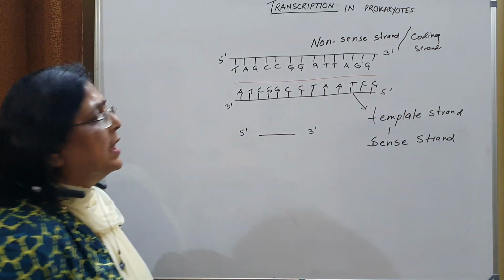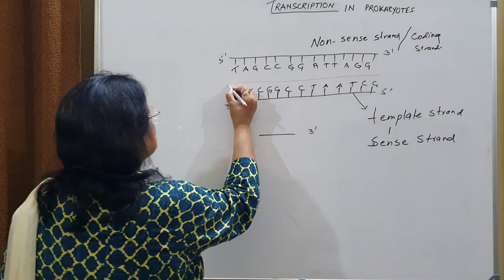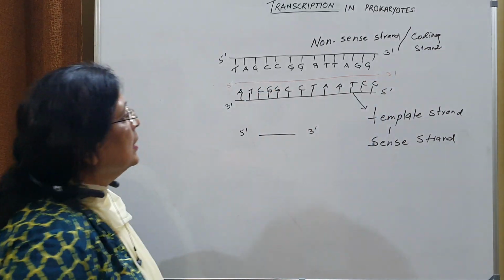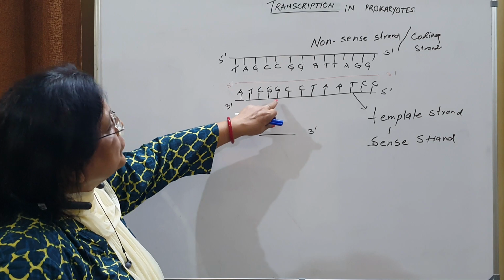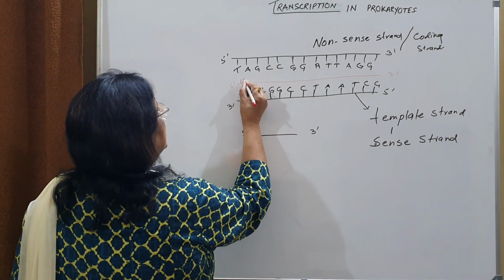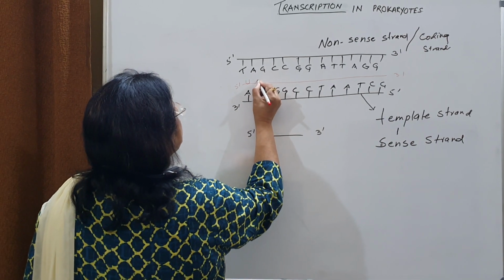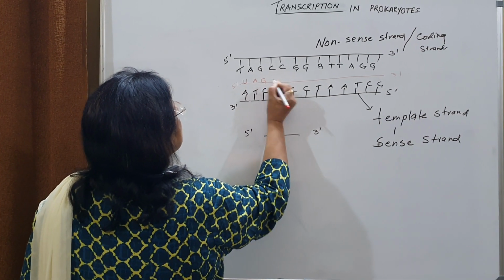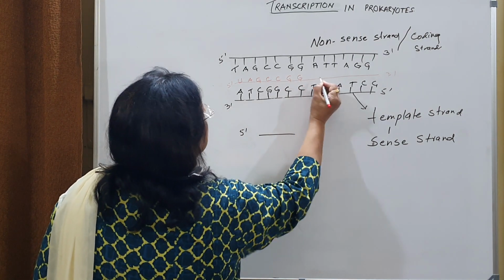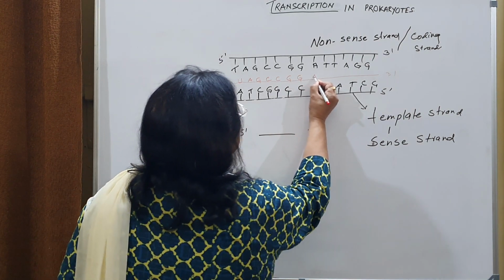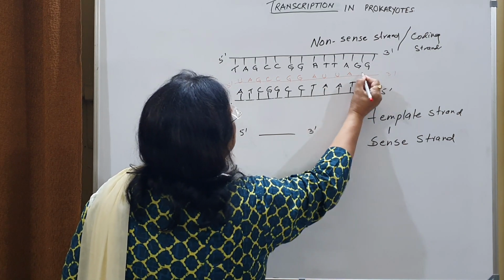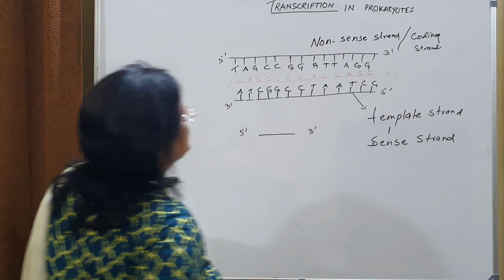Suppose this is the RNA strand. It is being synthesized, copying the base sequence from its template. So what we find, against A, it will be U, A, G, C. So what do we find?